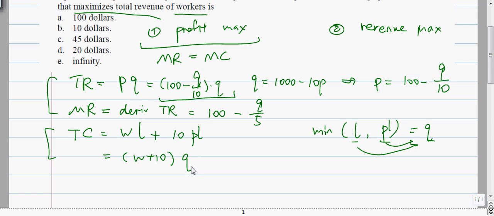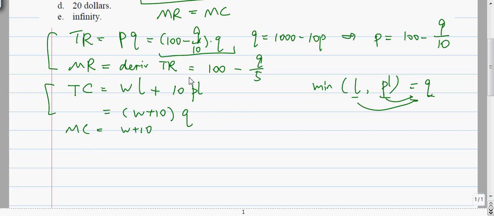So of course we have the marginal cost there. It's W plus 10. So that will be the first step, and then we can calculate Q. So 100 minus Q over 5 is equal to W plus 10. Here, the W we can treat as a constant.